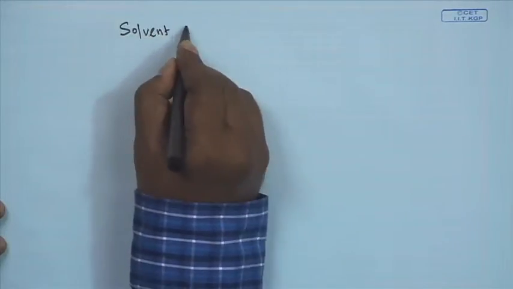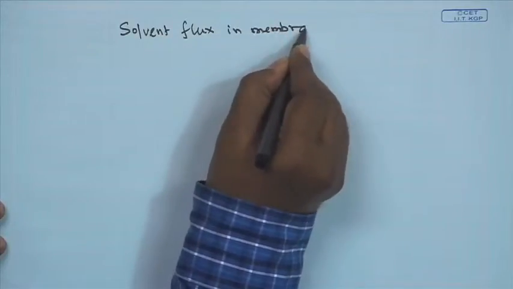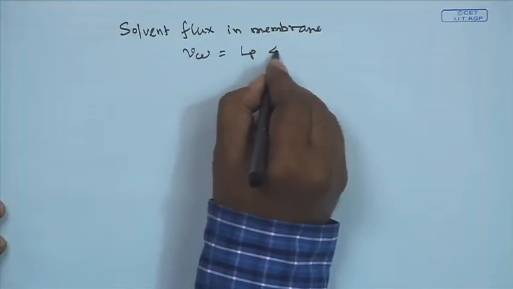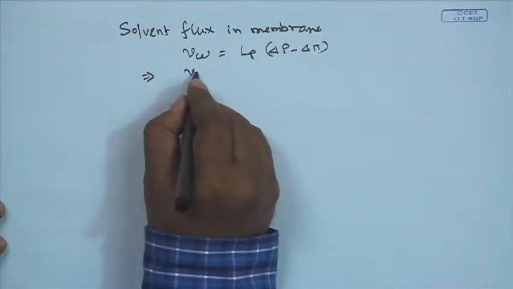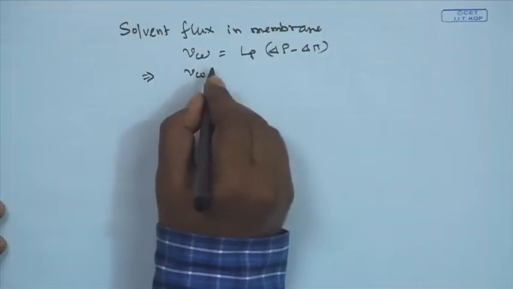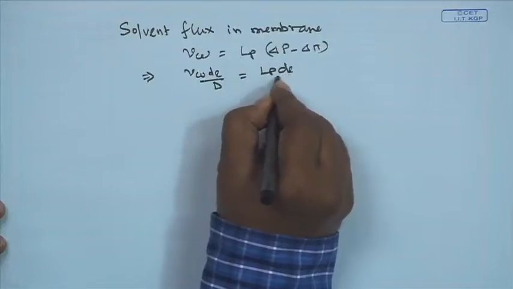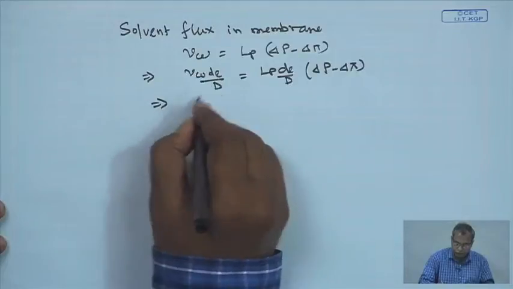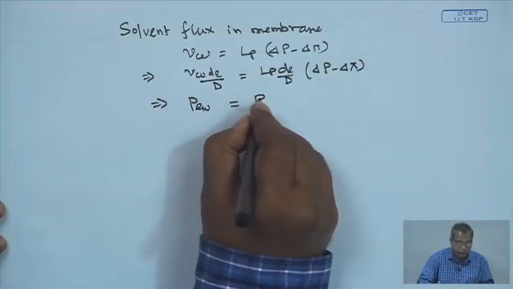If you look into the solvent flux in the membrane, we get Vw is equal to Lp times delta p minus delta pi, and we make it non-dimensional by defining Vw d by D. We multiply both sides by d by D. So, it will be Lp d by D times delta p minus delta pi. Therefore, this will be nothing but the non-dimensional permeate flux, Pw, is equal to, let us say this parameter is b.